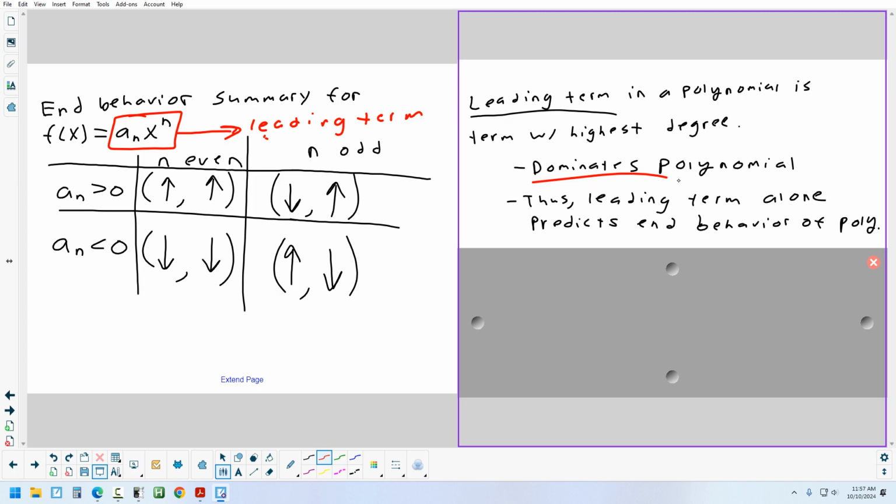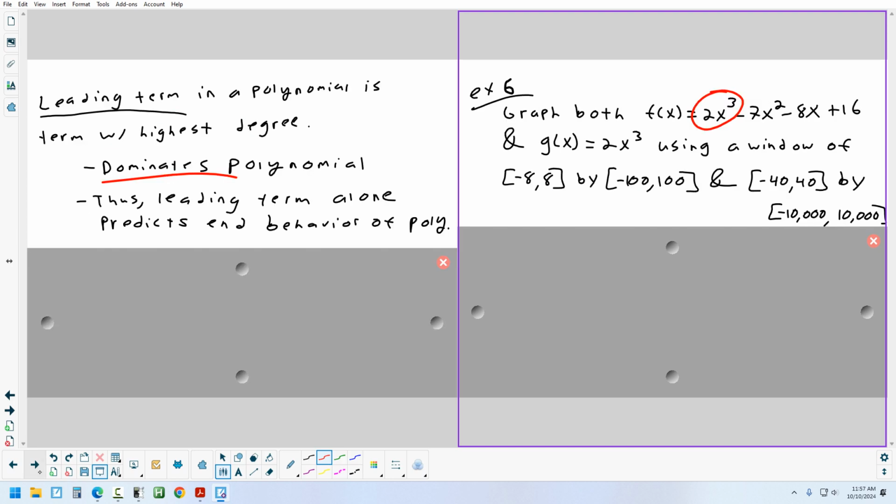Does it control all the little twists and turns in the middle? No. But it does control what the end behavior is going to look like. And there's only 2 things you need to look at to find the end behavior. 1 is that exponent, and 2 is that number in front.